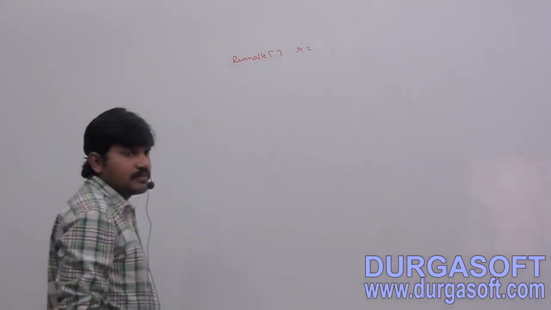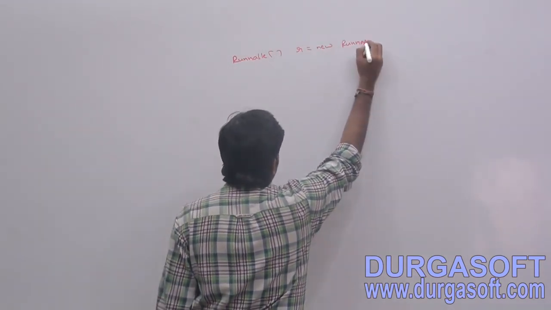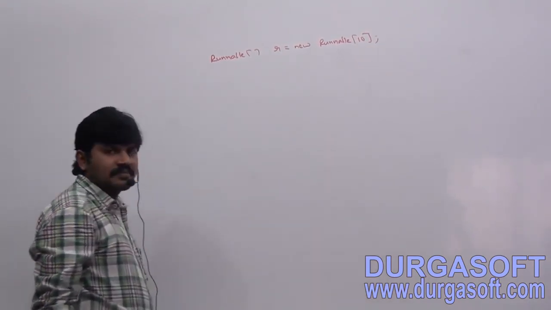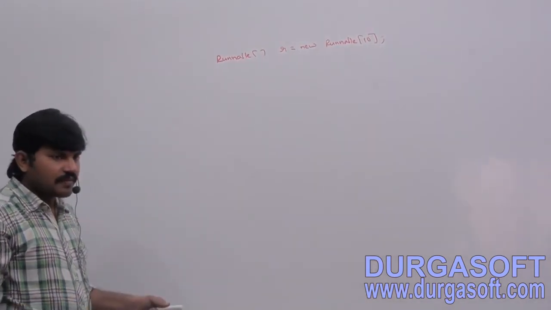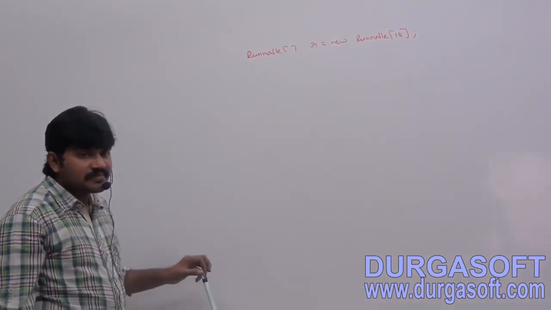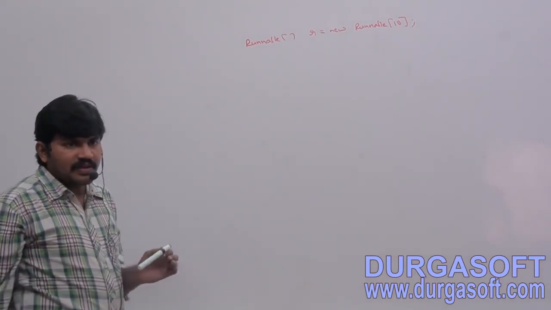Runnable array r is equal to new runnable array of 10. That's what you have to identify.